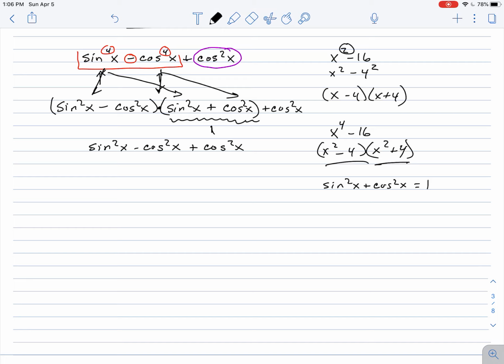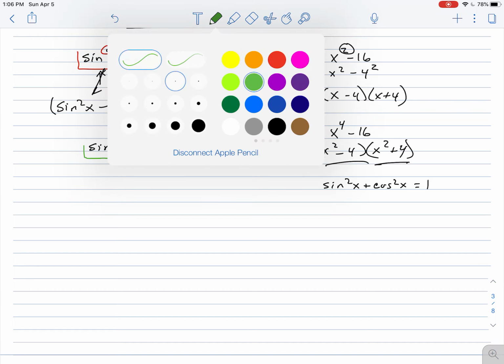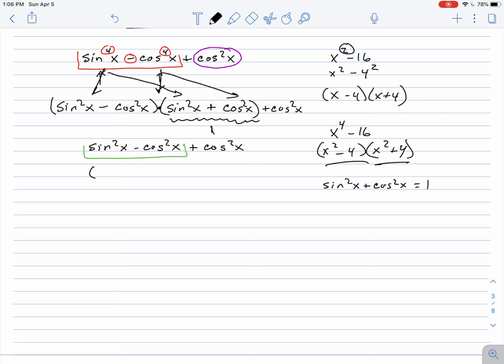And that was kind of magical, but it still looks a little complicated. Maybe there's more that I can do. I'm hoping that you notice this. Look at that. That's a difference of 2 squares again. And this will factor like sine x plus cosine x and sine x minus cosine x.